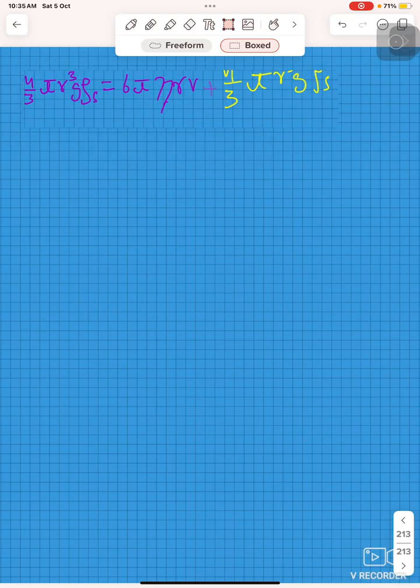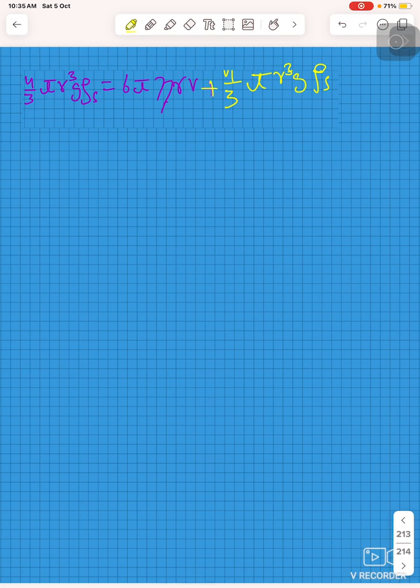Here, cube this, plus. Okay, now let's simplify this to get our v, because that's what we want. V, velocity, is what we need.